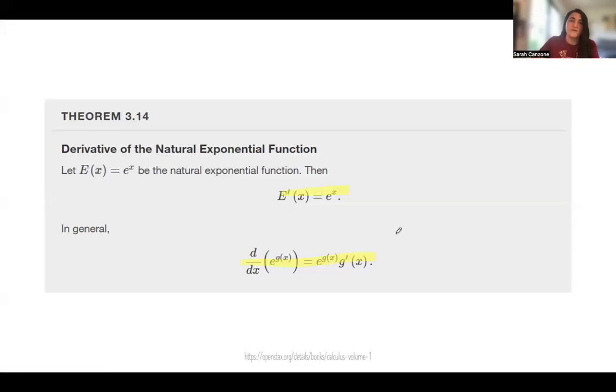If you were taking the derivative of sine of some function, you would leave that function inside of your sine. When you take the derivative of it, it would become cosine. And then you would multiply by the derivative of that thing outside. So it's very similar here, except now we're dealing with e. You're going to leave the function and then just multiply by the derivative of whatever it is in your exponent. So it's very important that we remember this extra step here.